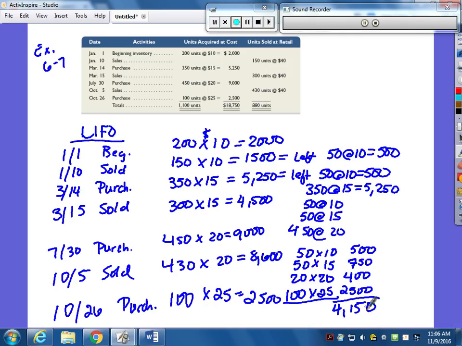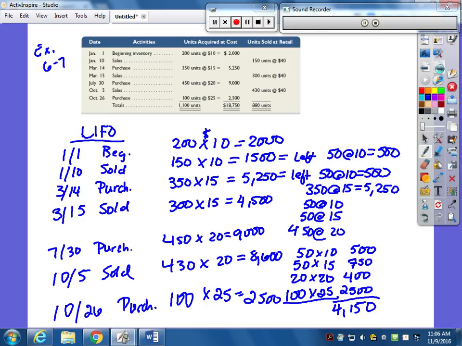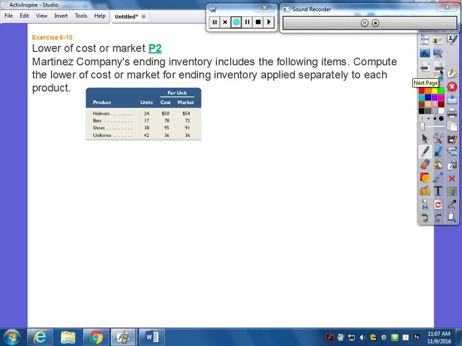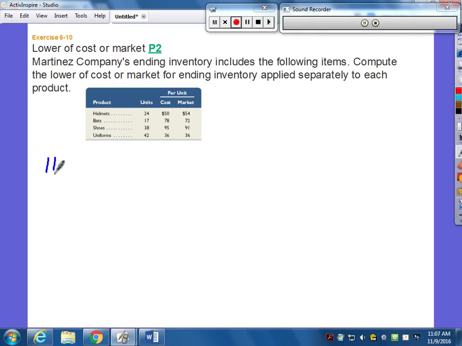Okay. Exercise 6 dash 10. Lower cost of market, which is what we went over today. Martinez Company's ending inventory includes the following items. Compute the lower cost of market for ending inventory applied separately to each product. So you got helmets, right?